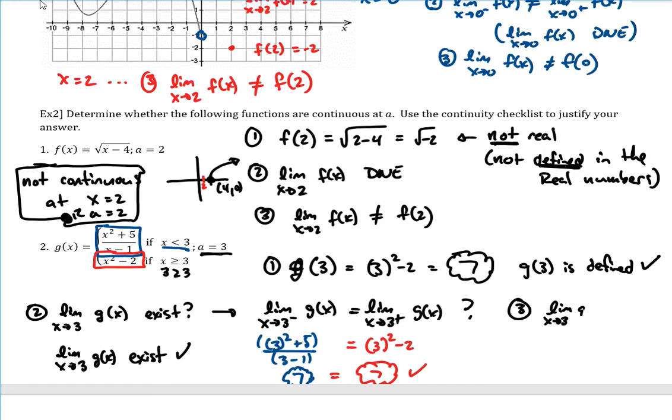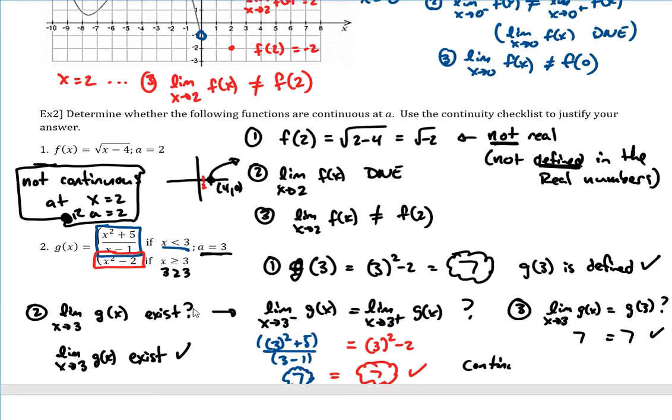Does the limit as x goes to 3 of g of x equal g of 3? Well, yeah, this is true because this limit we found to be 7, and g of 3 we knew was 7 as well. So 7 equals 7. That means all 3 conditions were met, and so this function is continuous at that value of 3.